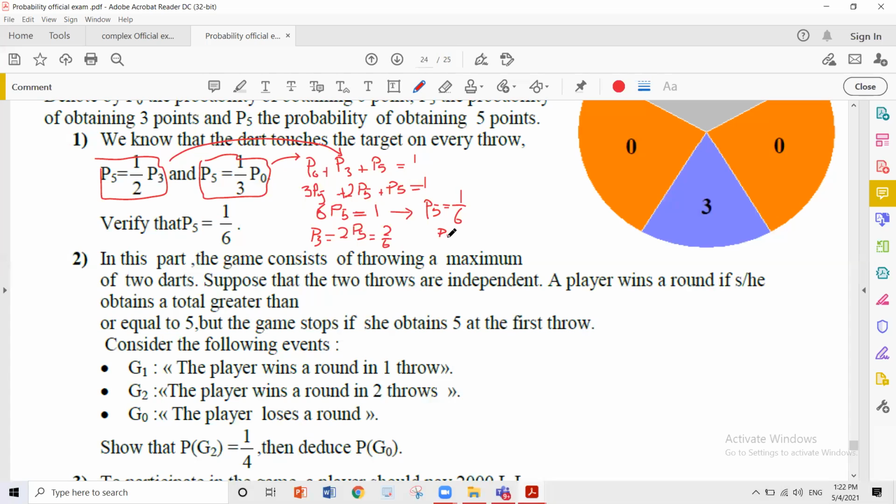P0 equals 3P5 equal 3/6 or half. Any questions about part 1?